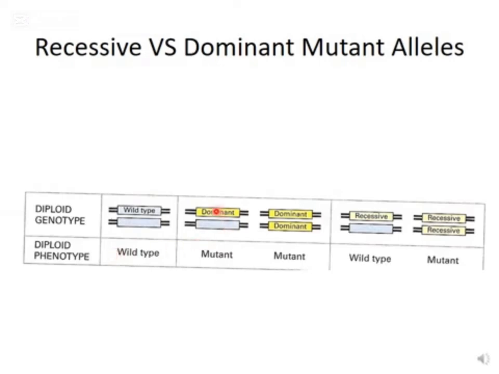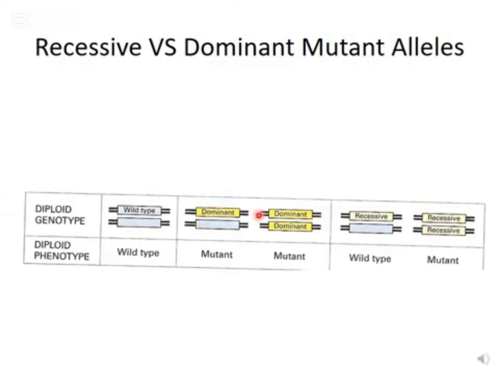So if our mutation is dominant, and the wild type is recessive, we have a heterozygote diploid genotype that would result in the representation of the mutant gene in the phenotype, because it is the dominant gene.